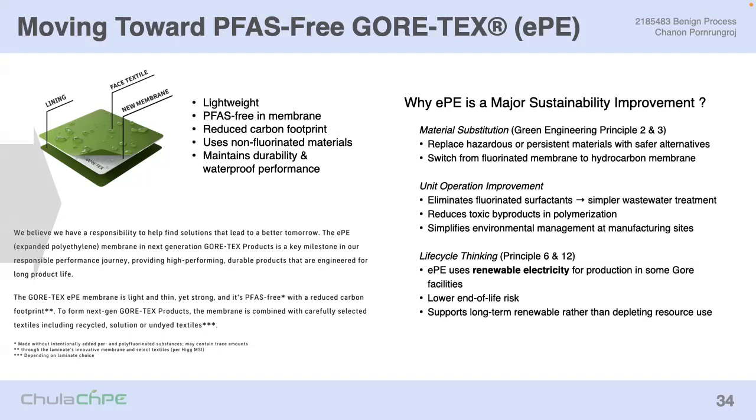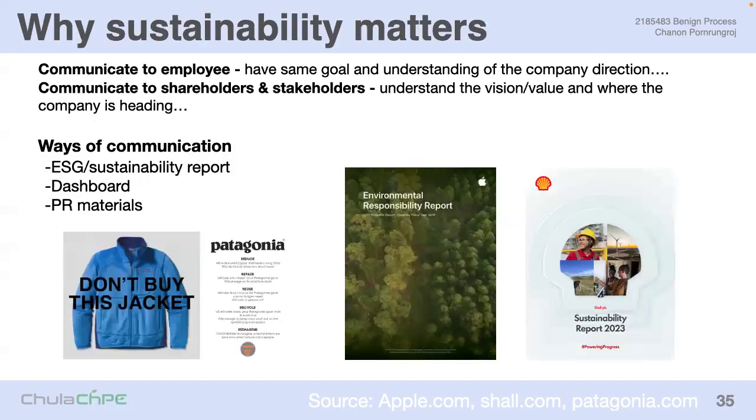We already mentioned here that polyethylene is much easier to recycle compared to the Teflon or PFAS material. Supports long-term renewable rather than depleting resource use. So the polyethylene can be made from bioethanol and other small molecules. So eventually they will move away from fossil fuels and make the process more sustainable.